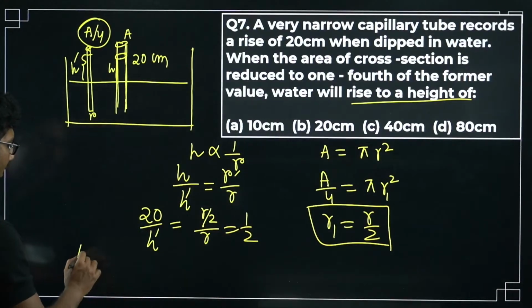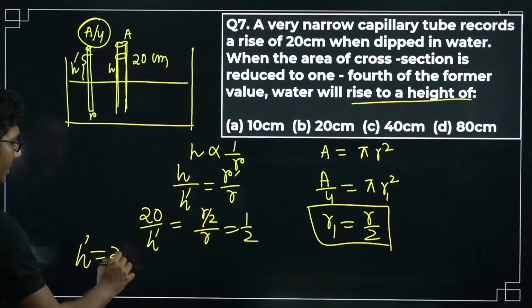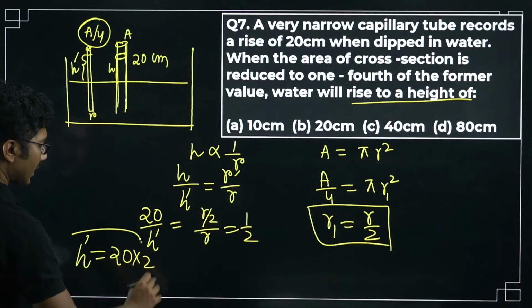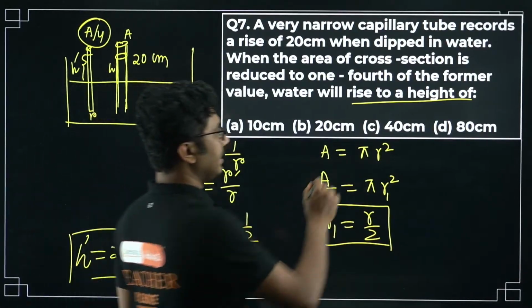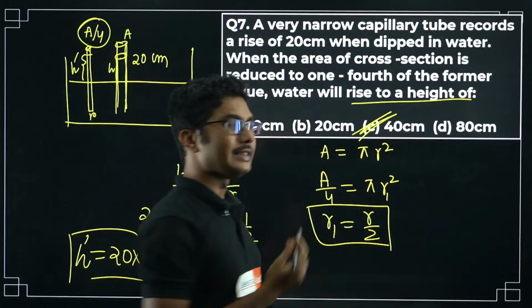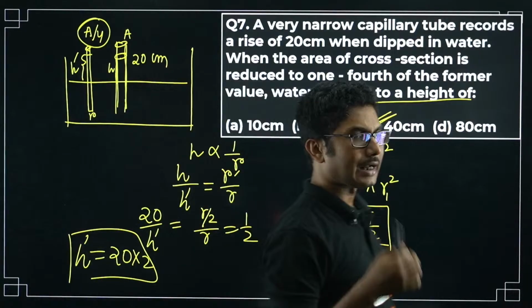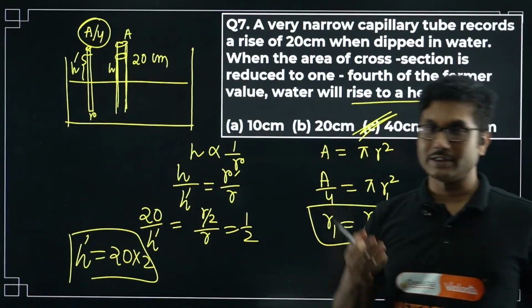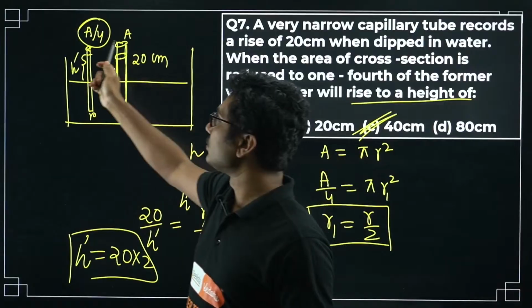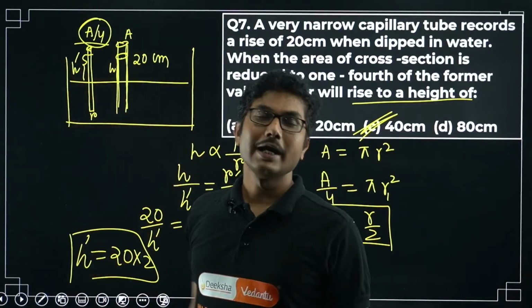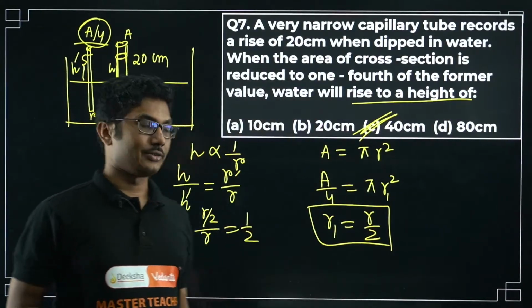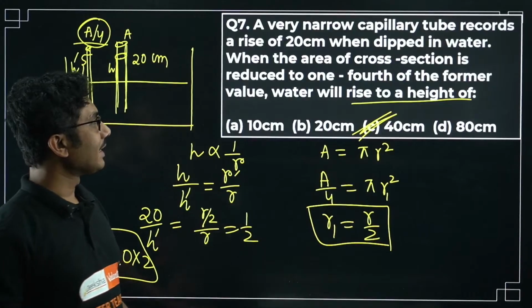From cross multiplication you get h dash equals 20 into 2, that is 40, not 80. It is easy to understand that if you decrease the area, capillary height should increase, but that increase is not dependent on area, it is dependent on the radius. That is why it is a very interesting question.